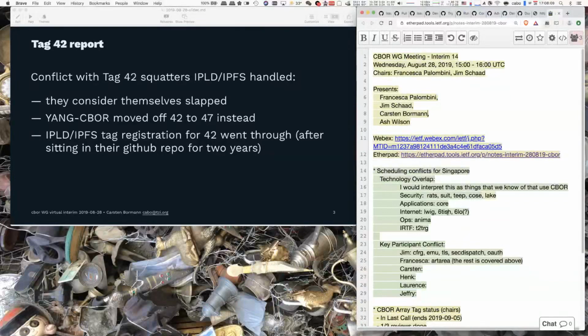Carsten, take a look. Yeah, I'm just looking at the list we have in CBOR. I think it's a really good idea to actually go through this list in interim. I have never had the idea. So that's great.